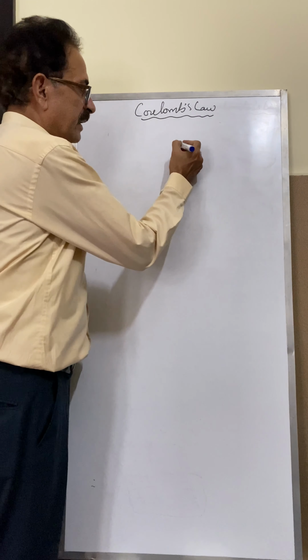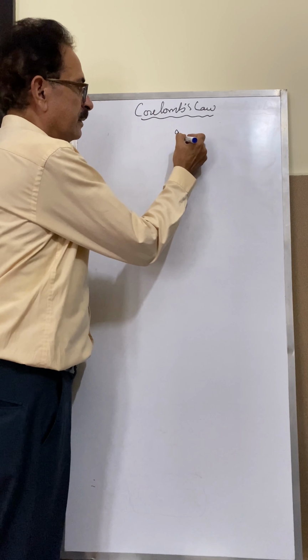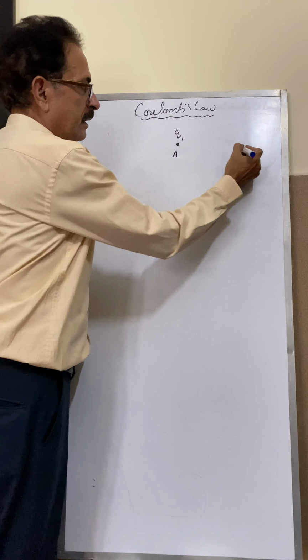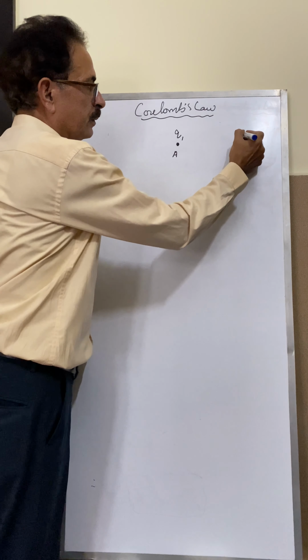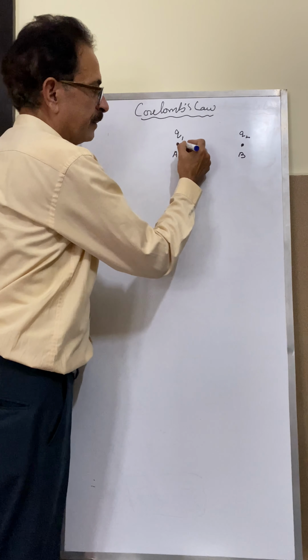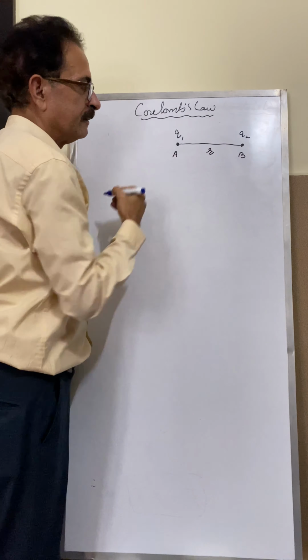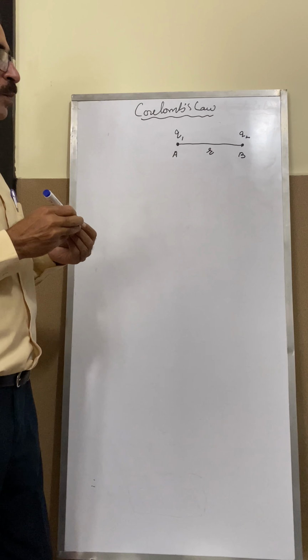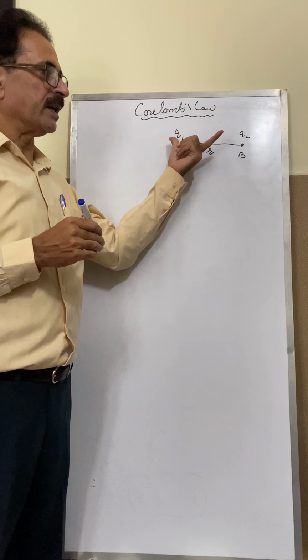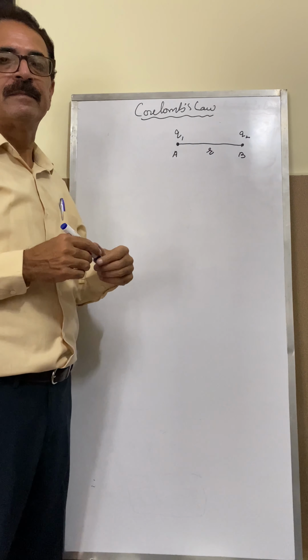This means, suppose we have two charges Q1 and Q2 at A and B, separated by distance r. These are the two point charges Q1 and Q2, separated by distance r.